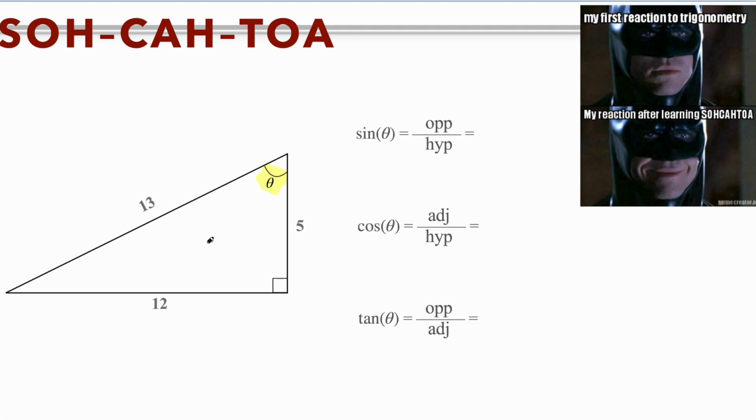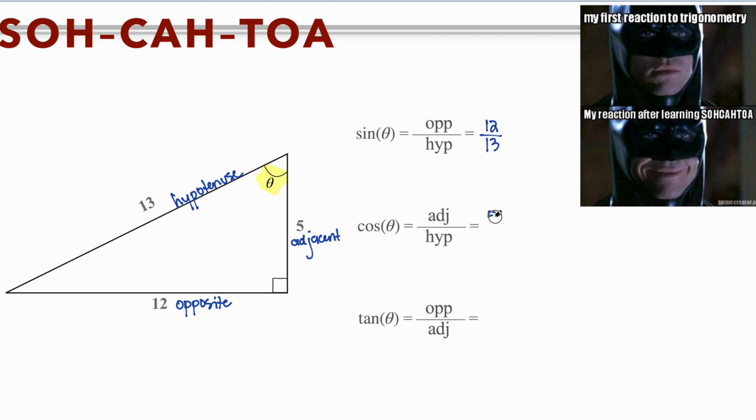You attempt this one, pause the video, and then resume to see the answer. According to this angle, I'm going to first write my sides. I always do this first. This is my hypotenuse. That was my opposite. And this is my adjacent. So sine is opposite over hypotenuse.